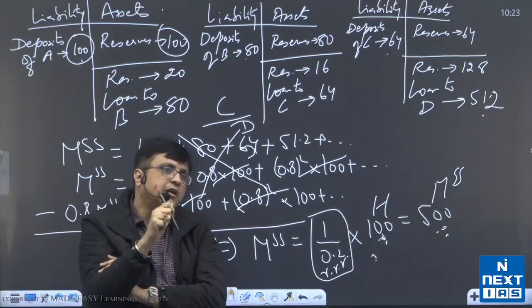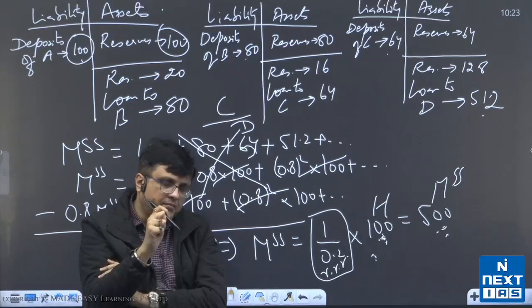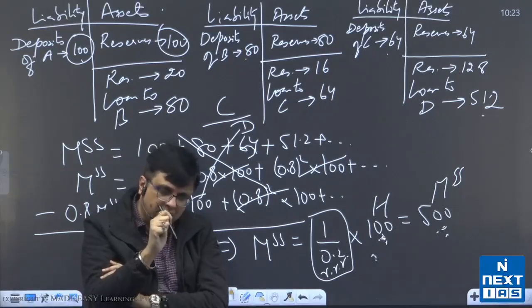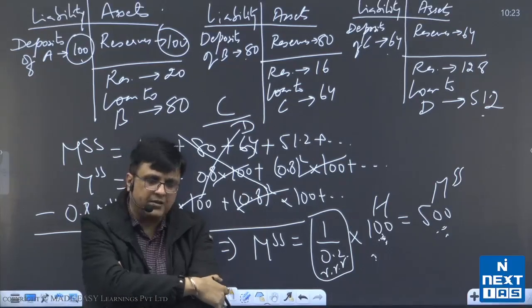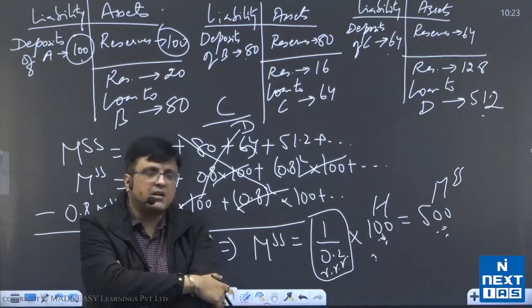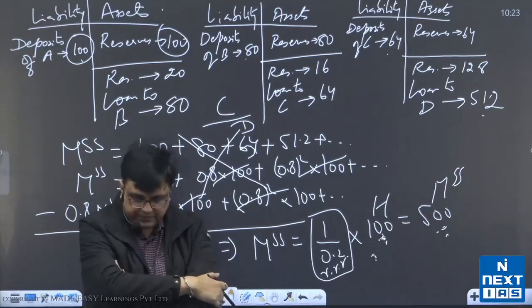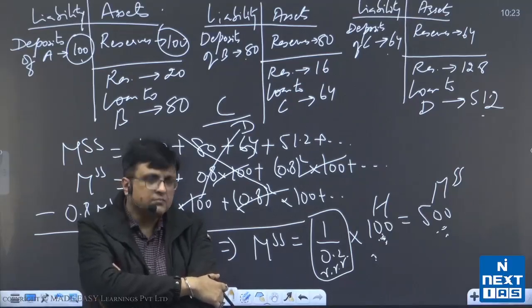Okay, then you write third feature, a function of RBI, banker to the banks.